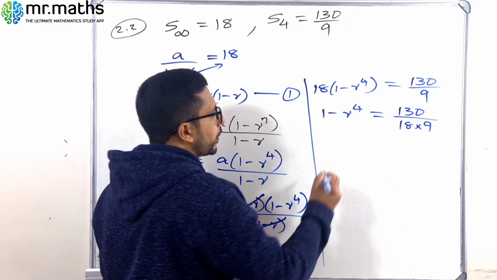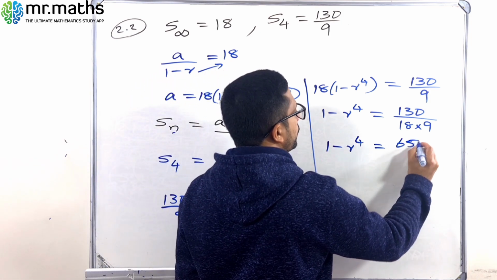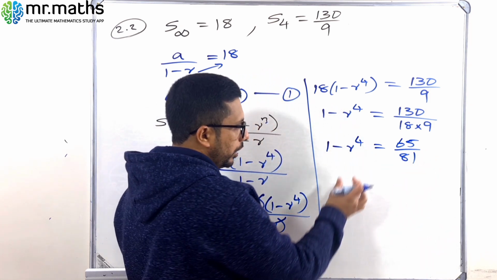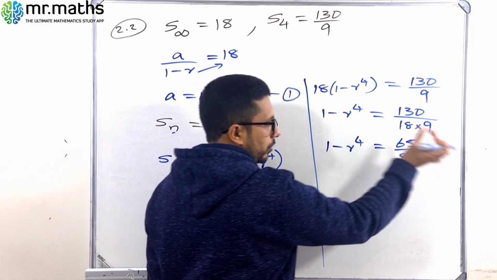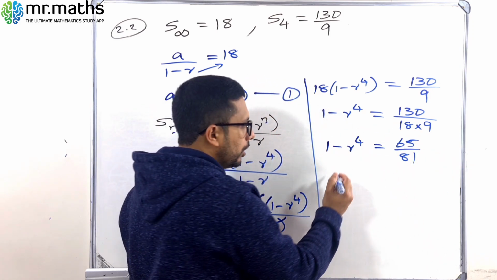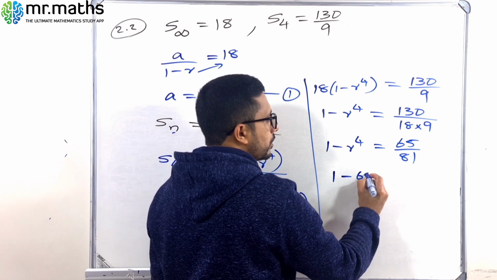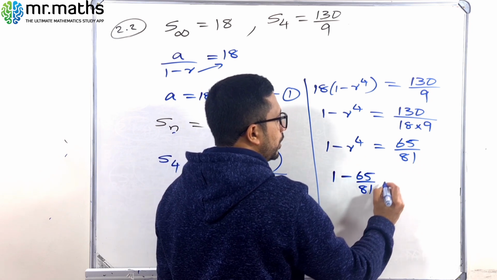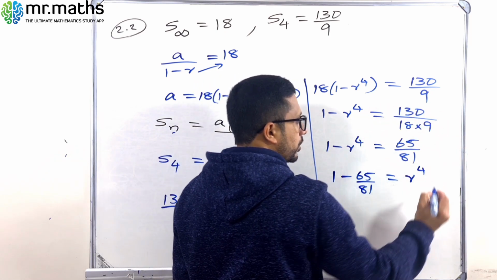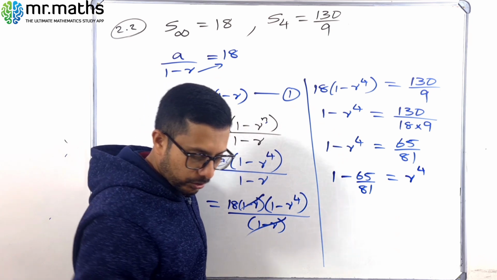So here 1 minus R raised to 4 is equal to 65 over 81. So now let me take this minus R raised to 4 to the right side and take this one to the left side. So it is 1 minus 65 by 81 is equal to, on the right side, positive R raised to 4. So now check in your calculator what is the answer of that one.